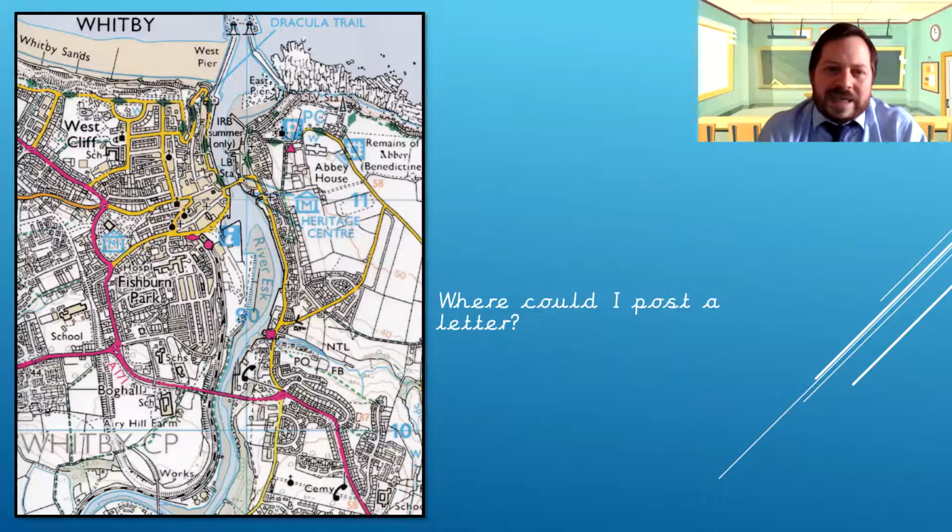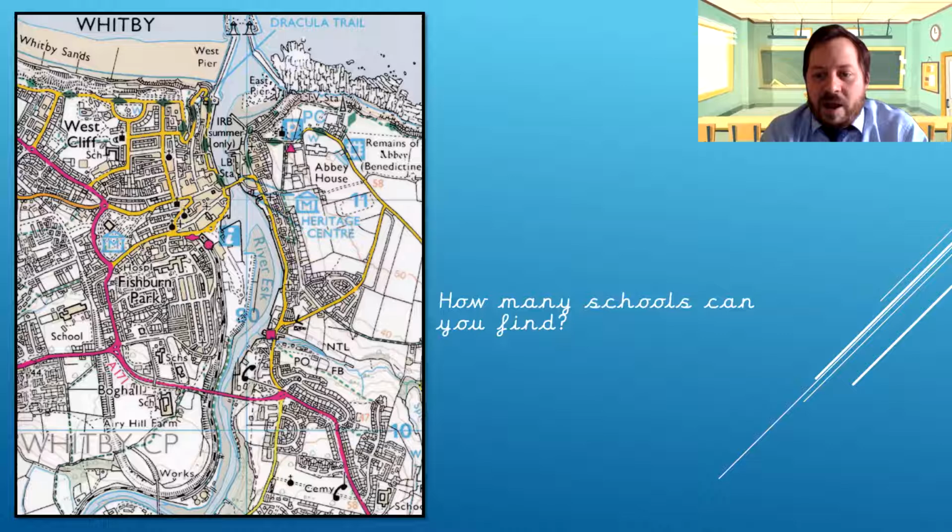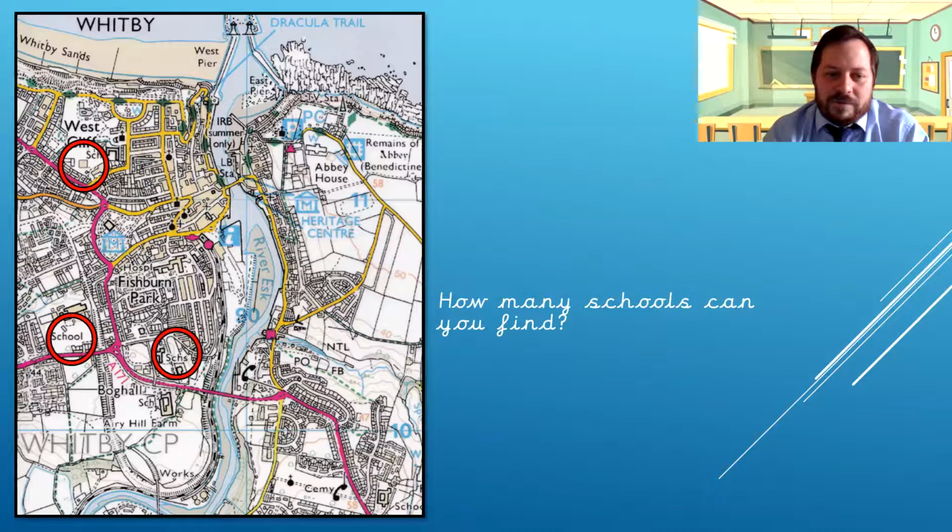Where could I post a letter? Well, here it is. PO means post office. Then how many schools can you find? I'll give you a hint: SCH or school. 1, 2, 3, 4, 5. Any more?